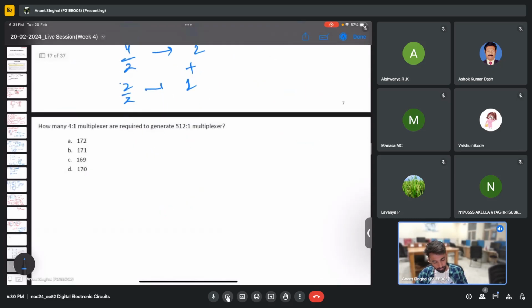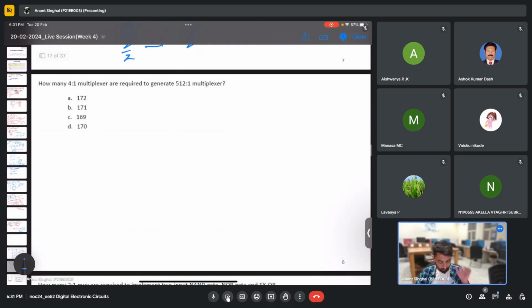Also quickly tell me the answer to this one now. You now have 4 cross 1 and you have 5 and 2. So this is not basic 2 raised to power 2 cross 1. So we have a 4 cross 1. So quickly let me know what is the answer that you are getting.